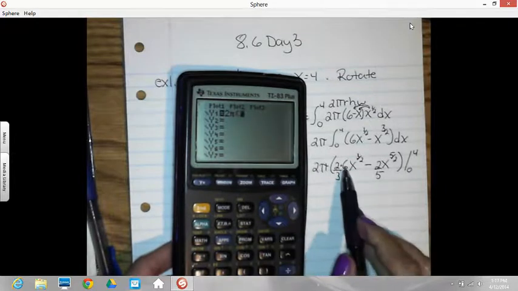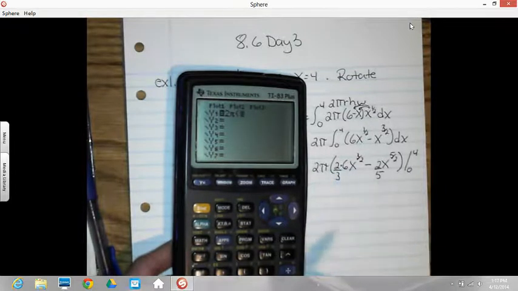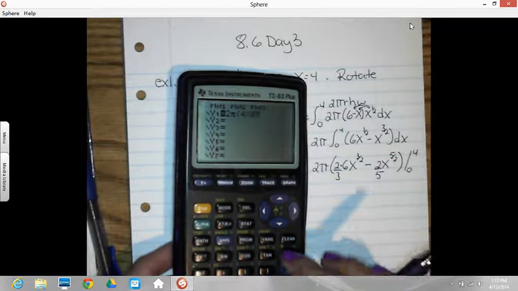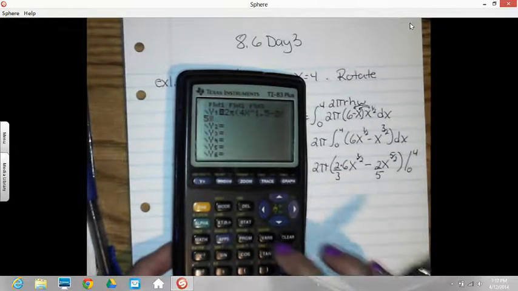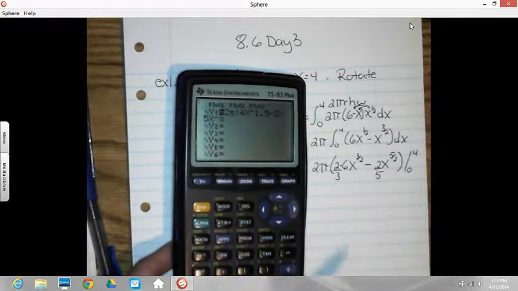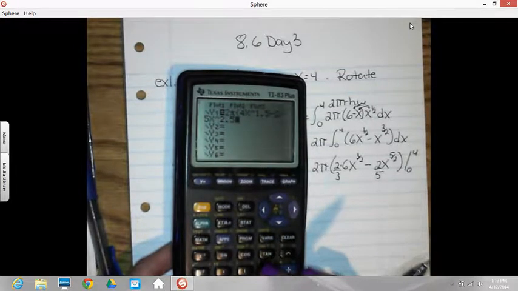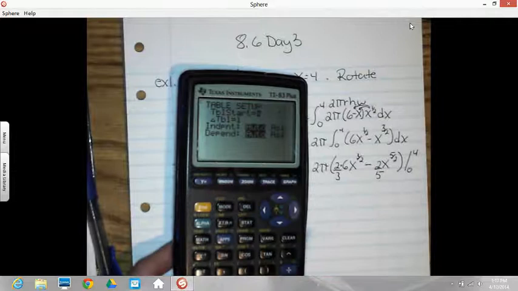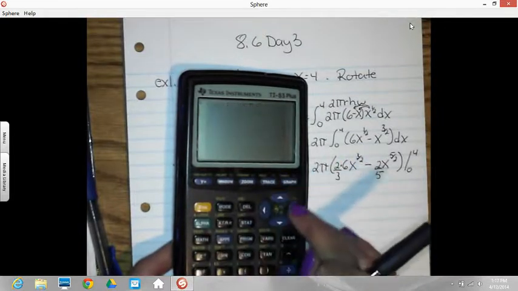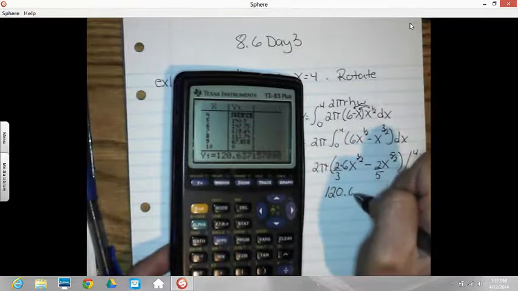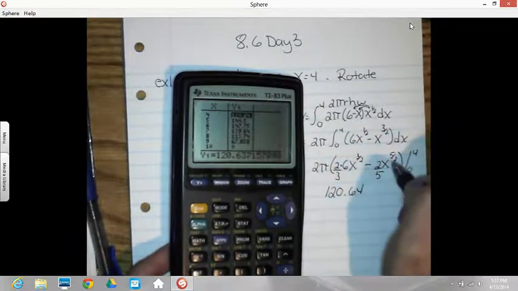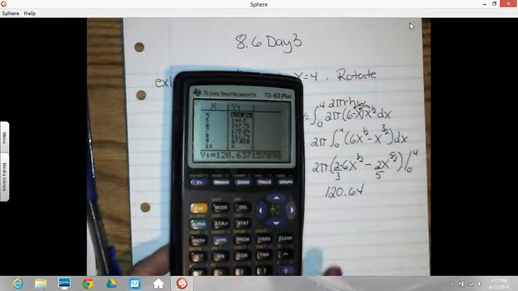That'll be 12 divided by 3 is 4. 4x to the 1.5 minus 2/5 x to the 2.5, evaluated at 4. The 0 is going to be 0. Not always the case, don't forget that.